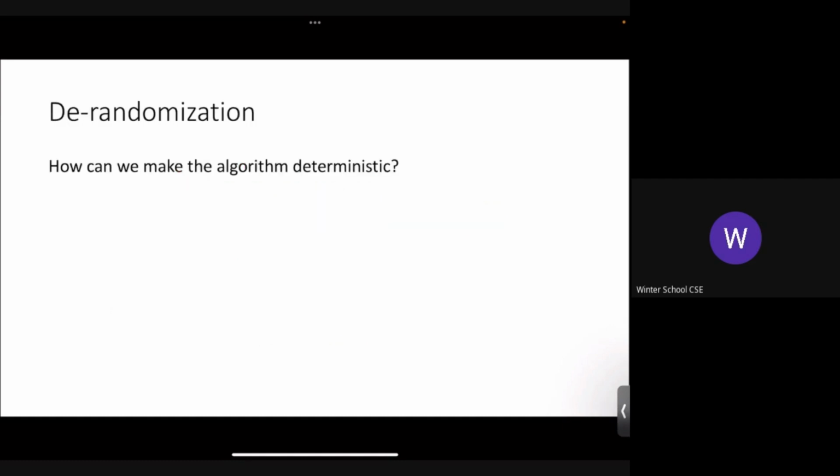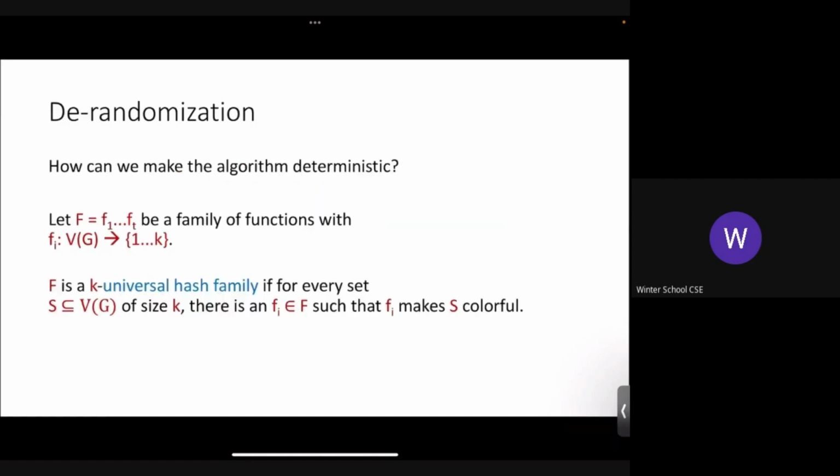But it requires some work, and it also requires some deep mathematical tools about universal hash functions. So what is a k-universal hash function? Suppose I have a family of functions. Each of the functions maps the vertices of the graph into k numbers.